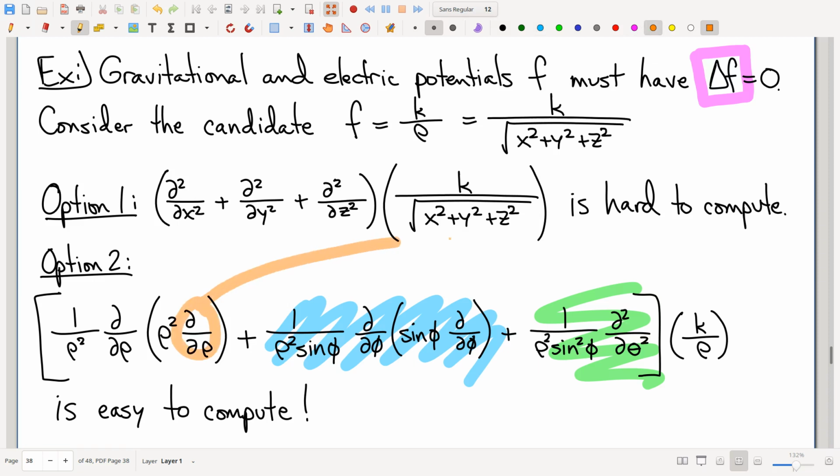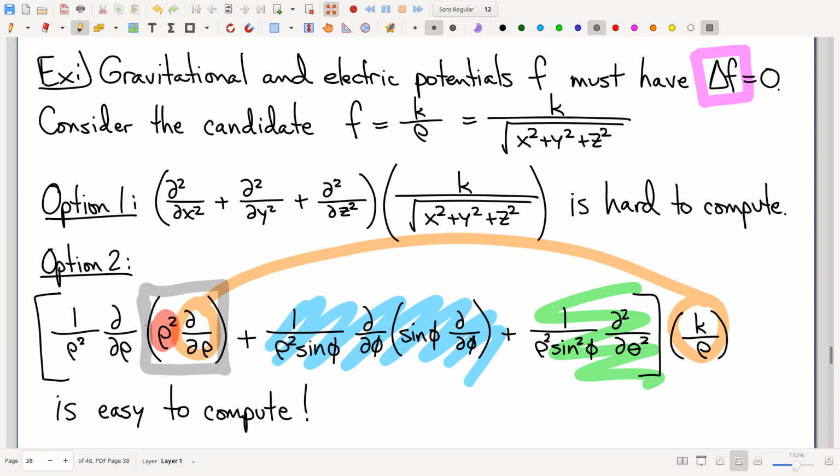Let's start by taking the rho partial of this. Well, it does have a rho in it. The rho partial of constant over rho is going to have a 1 over rho squared factor in there. Now, you multiply that 1 over rho squared by this rho squared, and in fact, this right here is a constant.